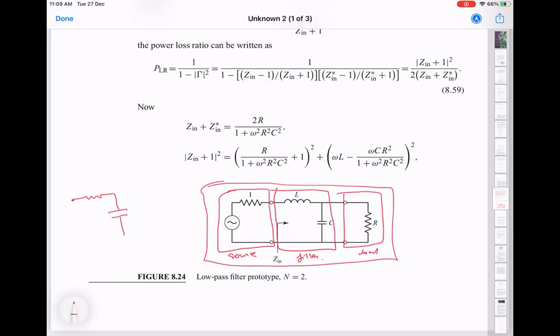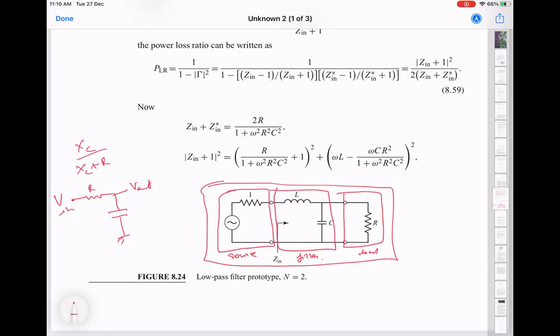If you have some V in here, I'm just now thinking purely in terms of voltages, we're not worrying about the impedance, then V out over V in can be just done by a voltage divider, which is basically X of C over X of C plus R, right?